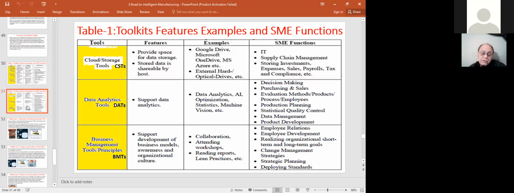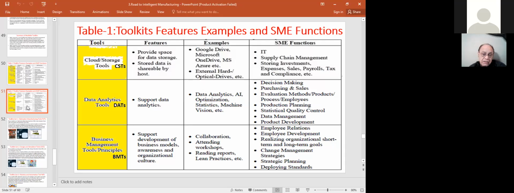So that is the stage where you need to get into cloud computing. And cloud computing, as we have talked before, is available on Google Drive, Microsoft Azure, and external hard and optical drives, etc.